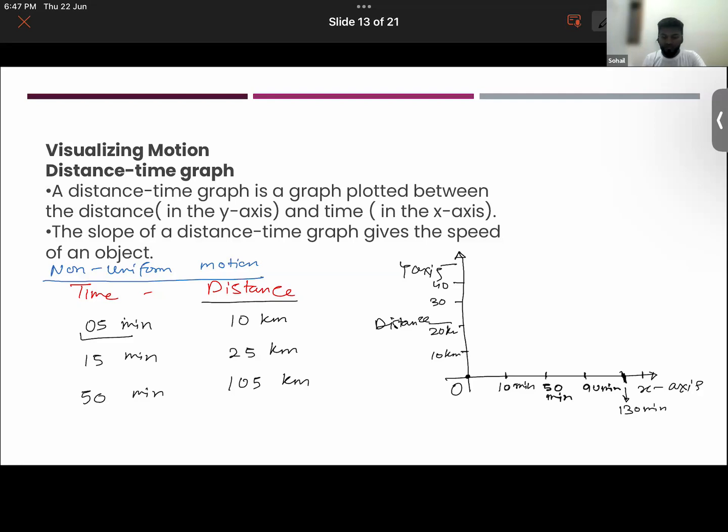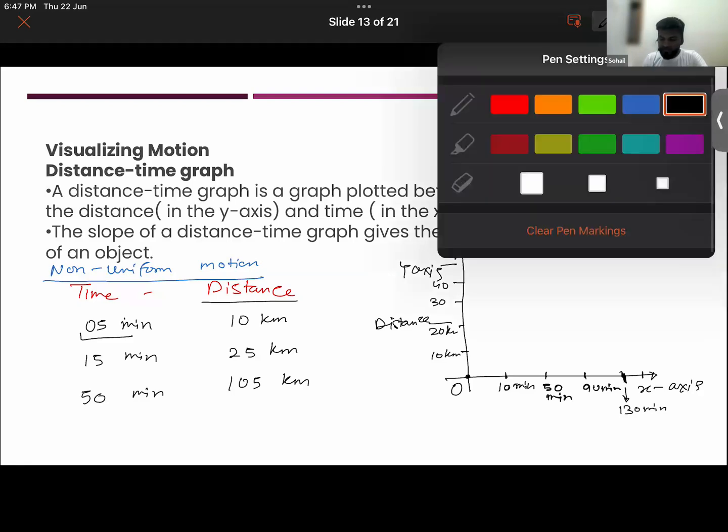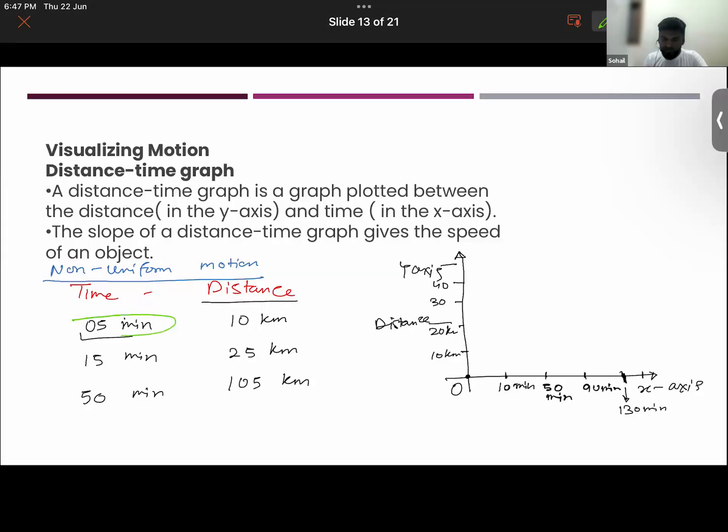For 5 minutes, how much distance has been traveled by the body? Sir, 10 kilometers. So 5 minutes is lying somewhere here between 0 and 10 minutes. And this is your required point here. Now for 15 minutes, how much distance has been traveled? Sir, 25 kilometers.